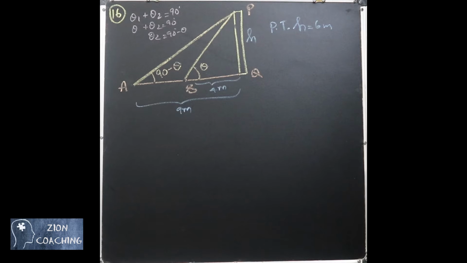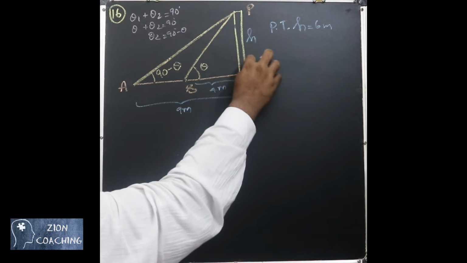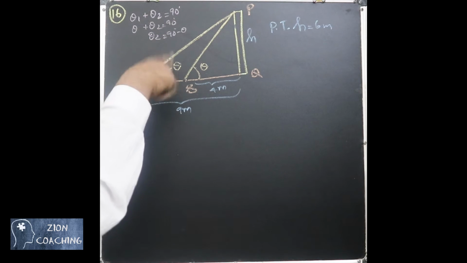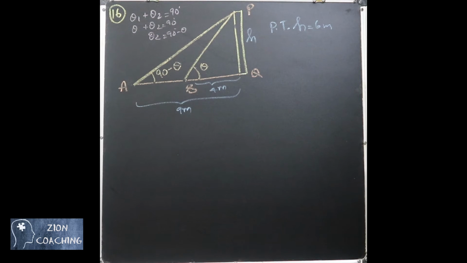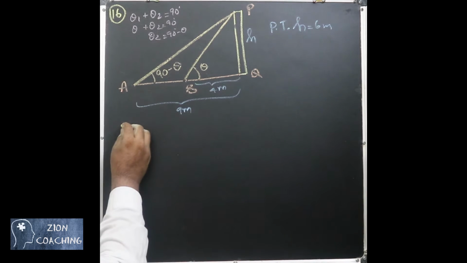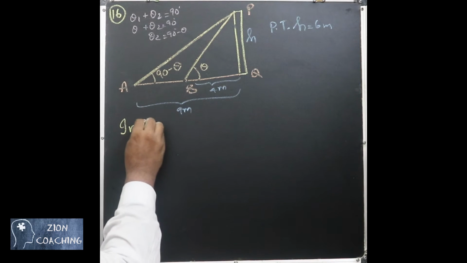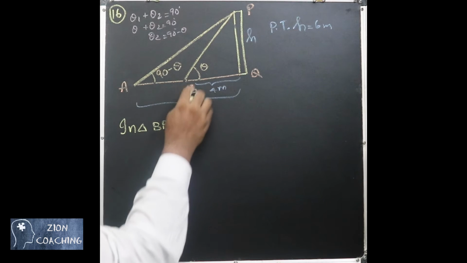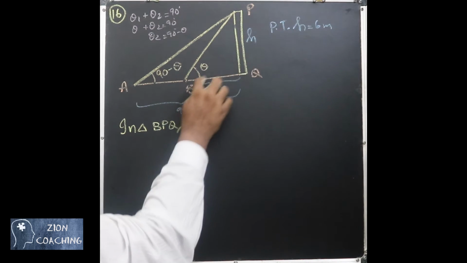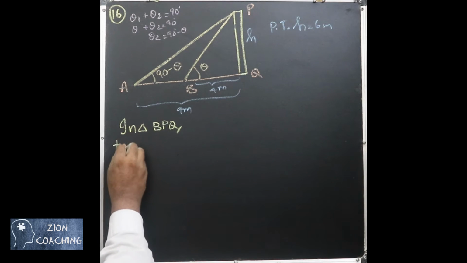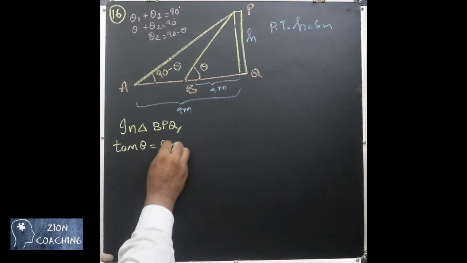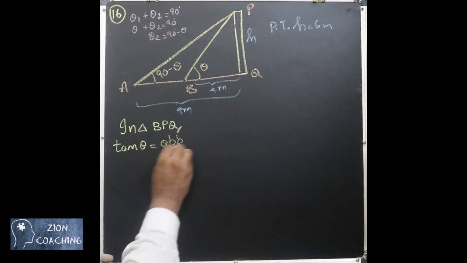Now using this, they are asking us to prove that the height of the tower is going to be 6 meter. Now we will first take the smaller triangle. In triangle BPQ, we are going to relate the opposite side and the adjacent side. So we are going to use tan theta. Tan theta is the ratio of opposite side and adjacent side.